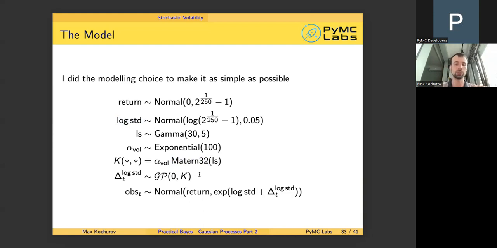And when we put this to observations, we have some returns. These are common across the whole period. And instead of standard deviation, we put the exponent of the time varying part.